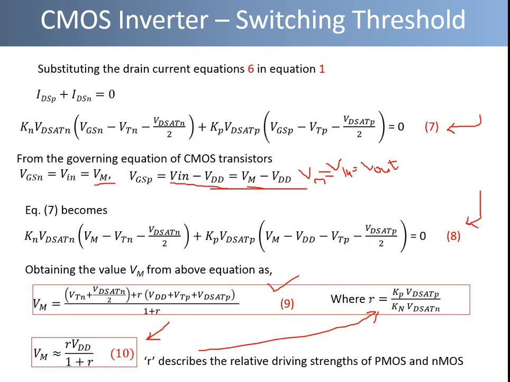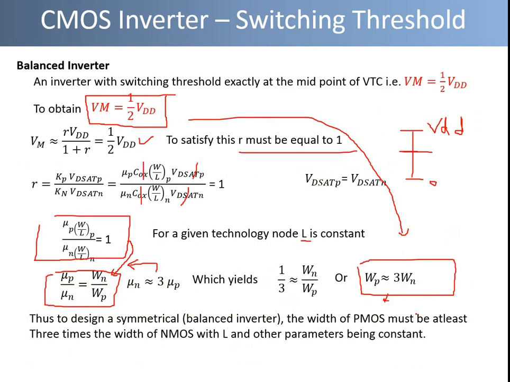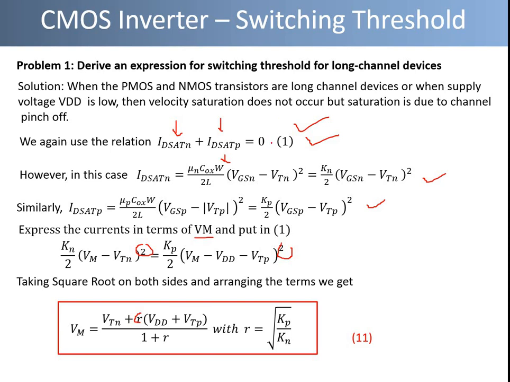And for short channel, the factor R is equal to Kp Vd sat P divided by Kn Vd sat N. However, if the transistors are long channel devices, their saturation currents are given by this set of equations, and the switching threshold is expressed using equation number 11, where the factor R is under root Kp by Kn.